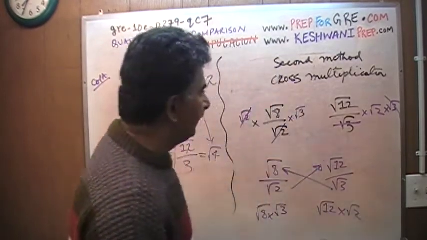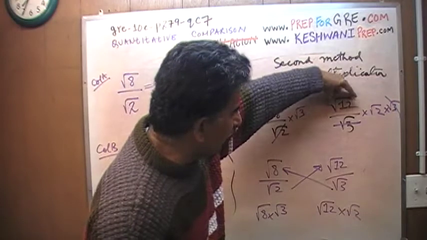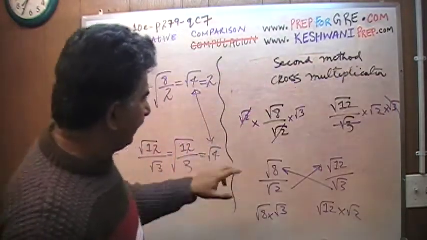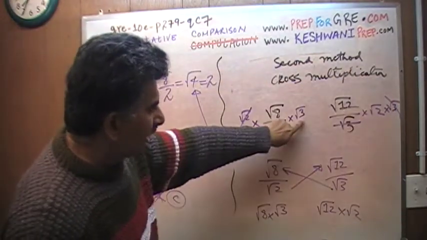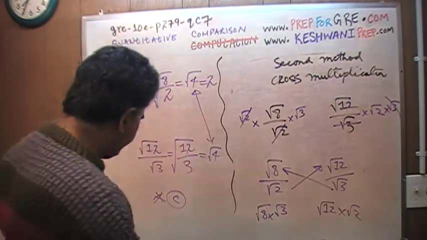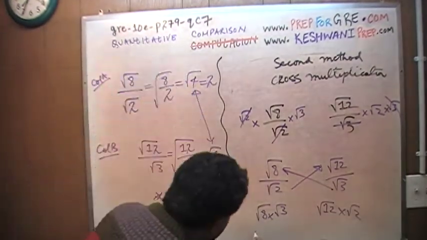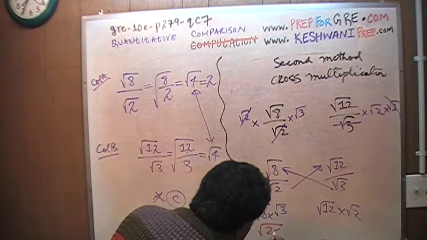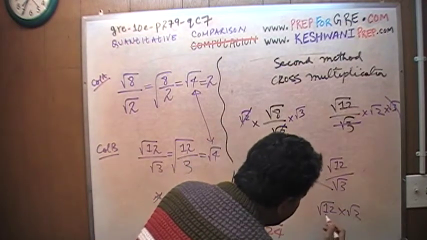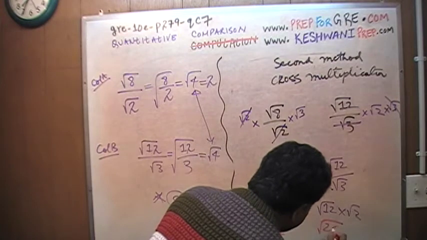As you can clearly see here, the remaining part is square root of 12 times square root of 2. And here we have square root of 8 times square root of 3. Now we know that square root of 8 times square root of 3 is the same as square root of 24. I hope you know that. And square root of 12 times square root of 2 is the same as square root of 24.